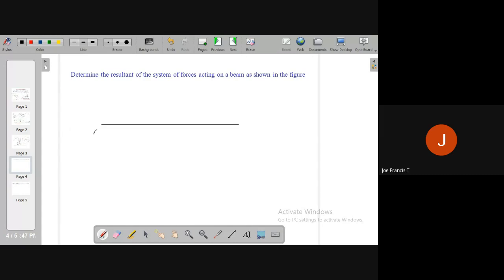There are various forces acting on this line AB. So you have one force here, another force here, two forces, and a third force somewhere here, but it is inclined.